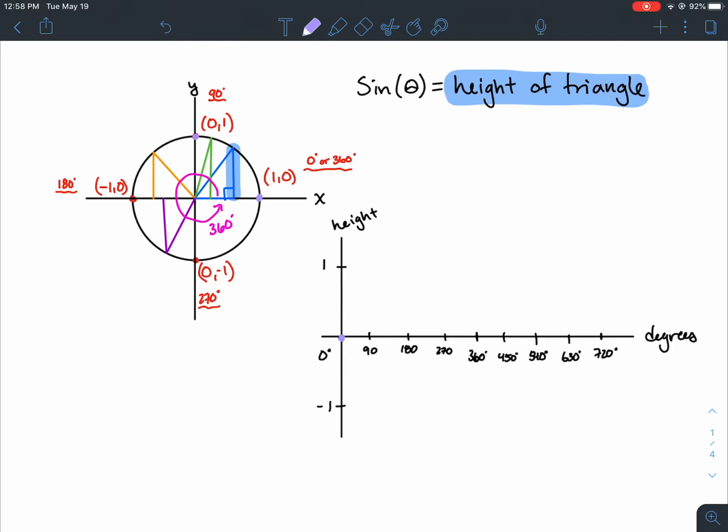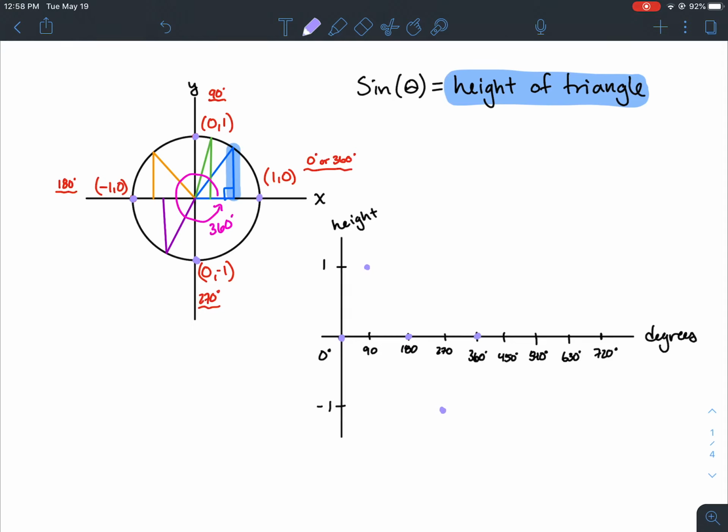At 90 degrees, my triangle now has a height of 1. At 180 degrees, I have no height again. And at 270 degrees, I have a height of -1. And then at 360, we come back to the end and we get to here.